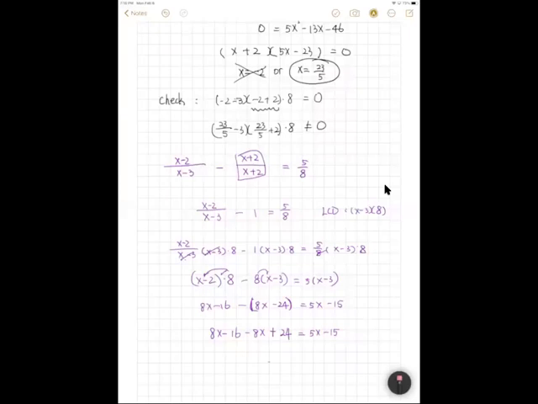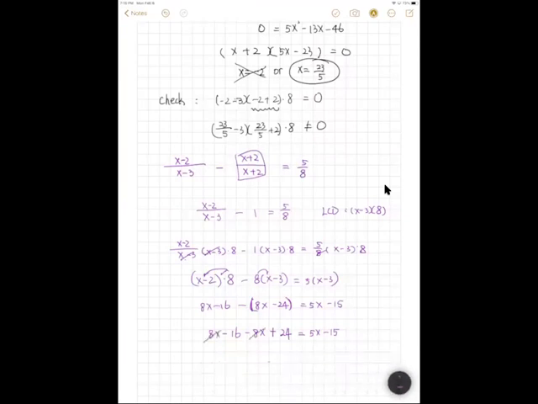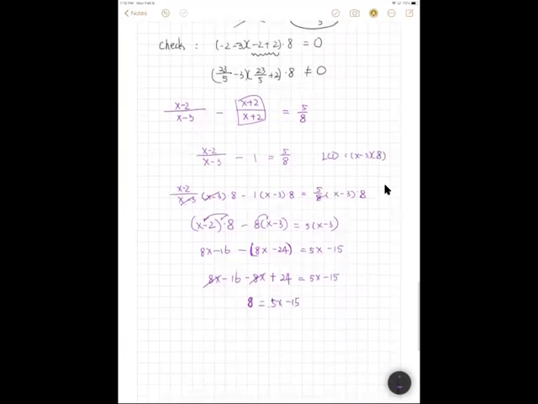And then we combine the like terms. 8x minus 8x cancels, negative 16 plus 24, we have positive 8, equals 5x minus 15. And then we solve for x. We add 15 on both sides, we have 23 equals 5x, divided by 5 on both sides. So I have x equals 23 over 5.